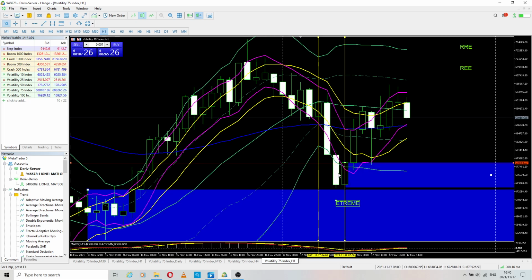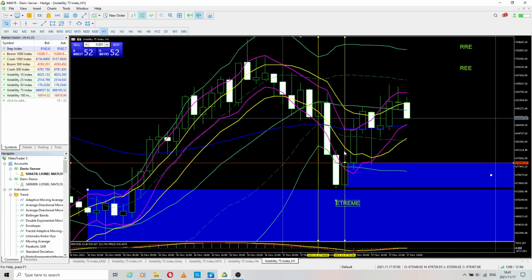We can all see that. I think this was an extreme, guys. Why is it an extreme? Look at this. The candle closed outside and went back inside. At the same time, you have an MA outside. So this is an extreme, guys.